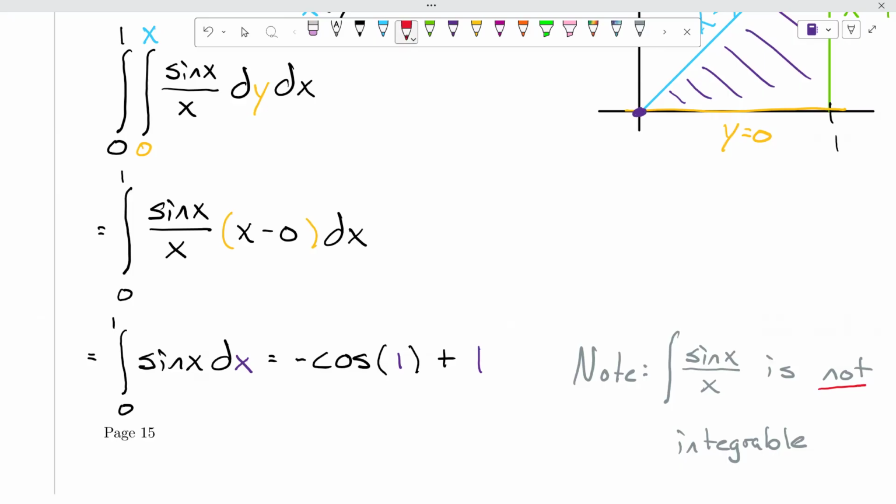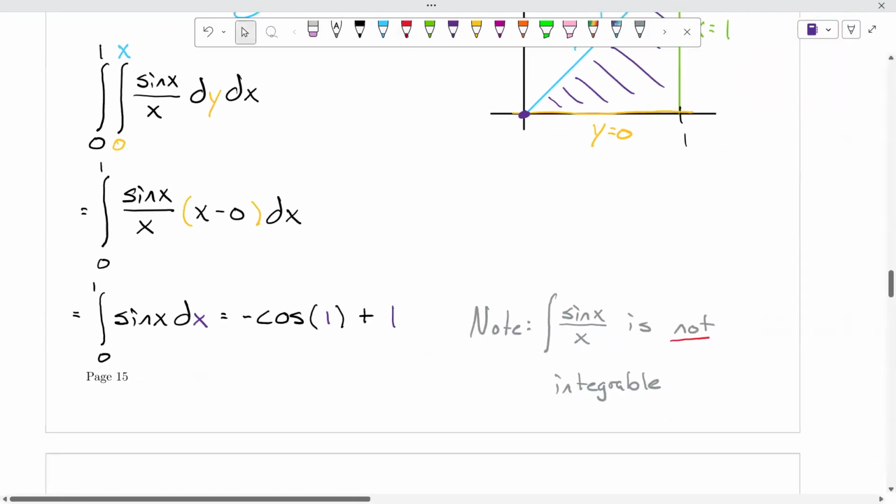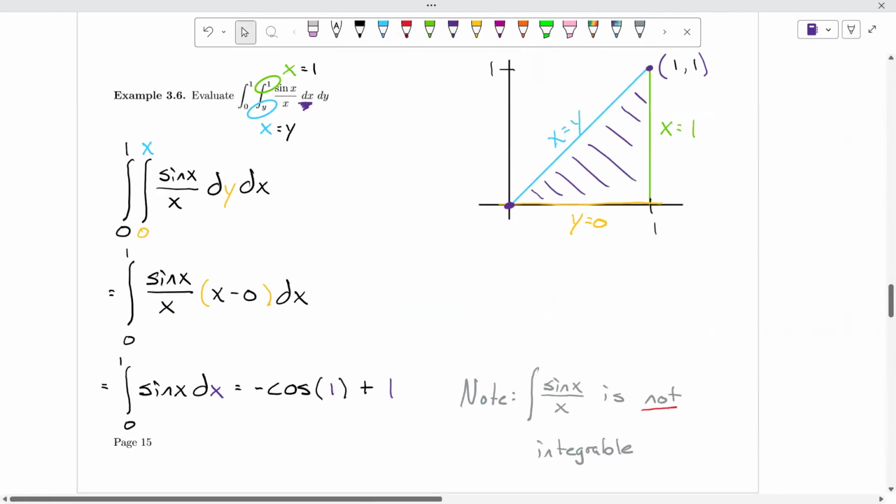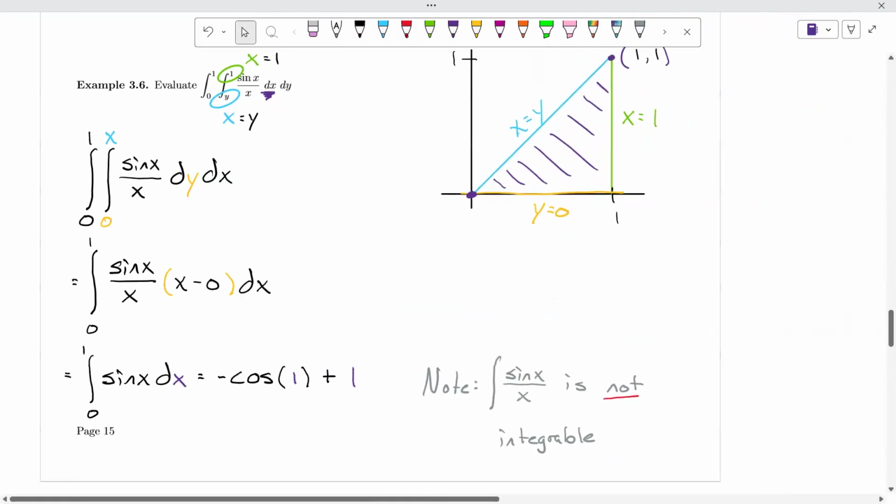If memory serves, that came up around the time we were looking at Taylor series in Calc 2. That we have some functions that aren't integrable, and sine x over x is one of them. So that means trying to do a dx integral first on this particular problem just won't come up with any results. So we aren't able to integrate that, at least not with the methods that we currently possess.